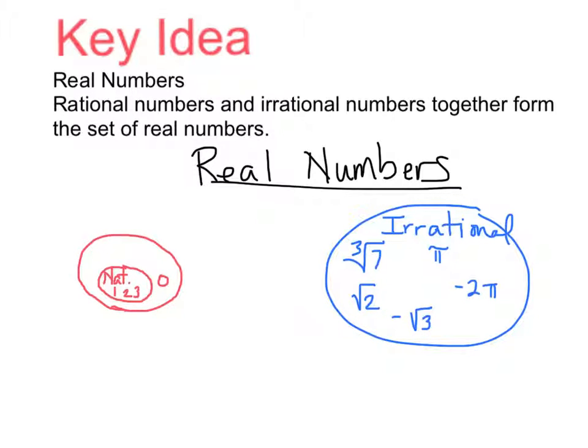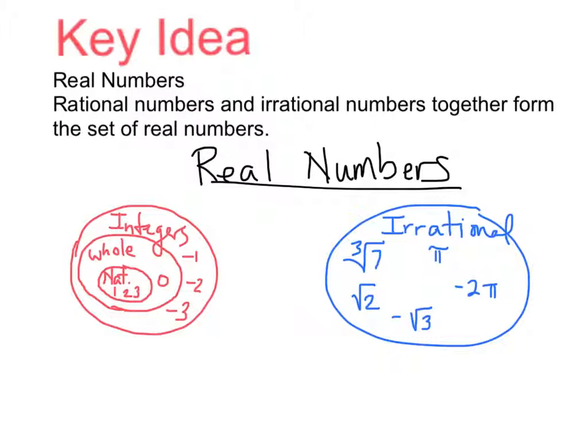If we add 0 to 1, 2, and 3, we now have whole numbers. So whole numbers are also natural numbers? No, natural numbers are whole numbers, but whole numbers are not natural numbers because 0 is not a natural number. When we start adding negative numbers, such as negative 1, negative 2, negative 3, these are then called integers.